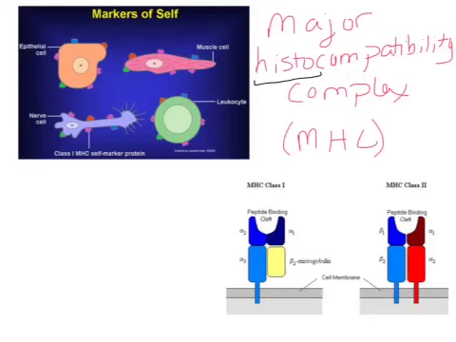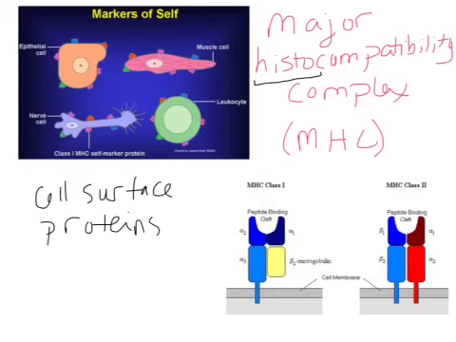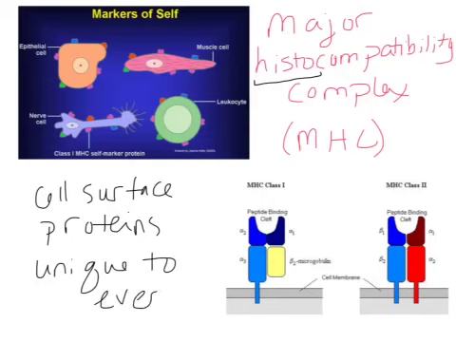What these major histocompatibility complexes are is cell surface proteins that are unique to each person, unique to everyone, with the exception of identical twins. Identical twins have the same MHC complexes.